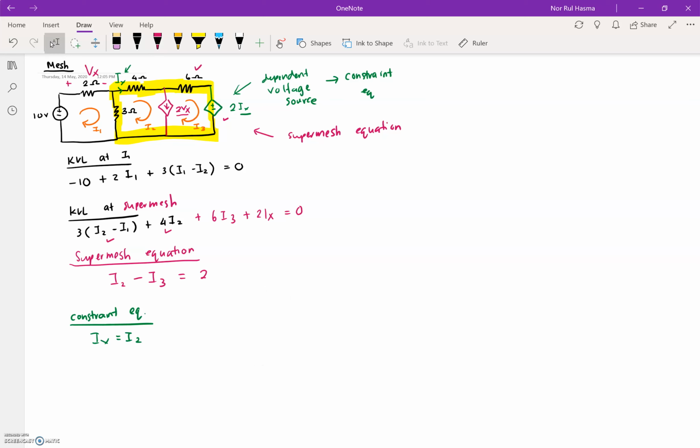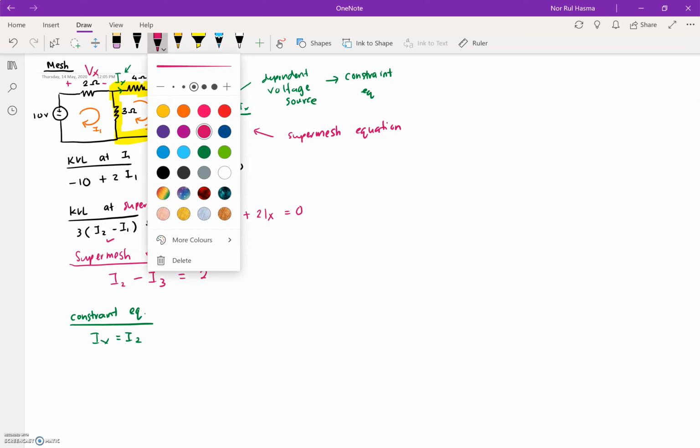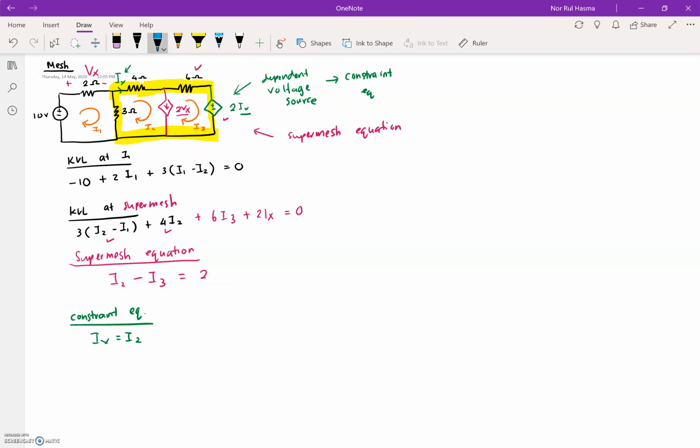So there will be some additional equation, which is another constraint equation. So we just change the equation here. So it will become 2Vx, and then another constraint equation because of the dependent current source.